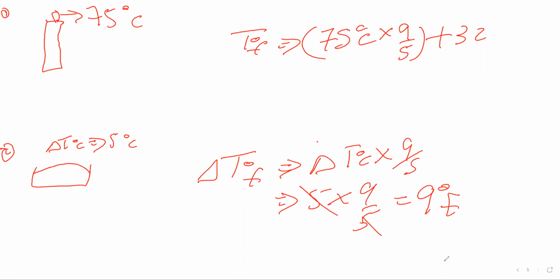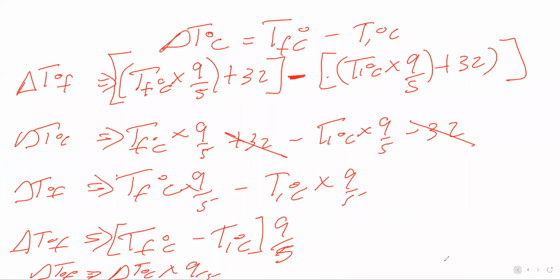As you could see with what we did just now, where we have delta T, when we find a temperature change in degrees Celsius, we know it's the final temperature minus the initial temperature. If we need to convert the same exact thing into degrees Fahrenheit, it's the same thing.